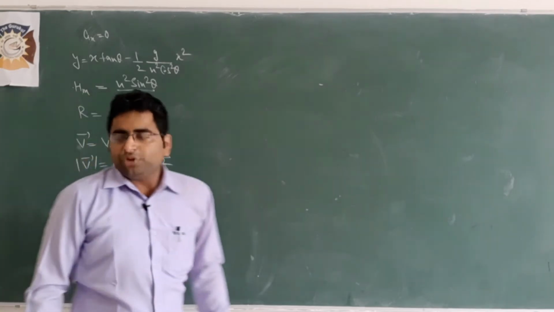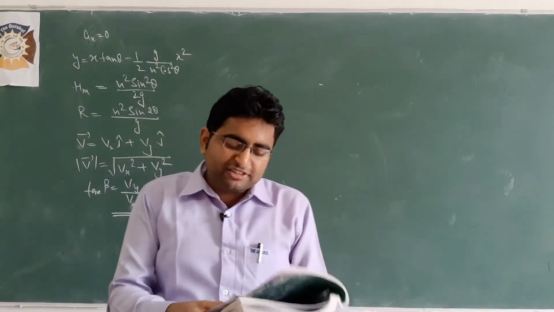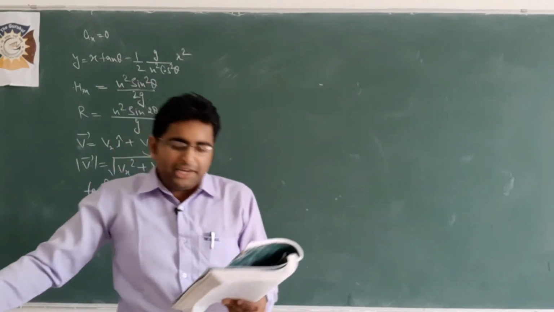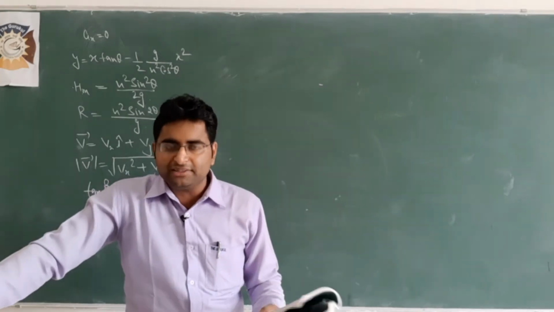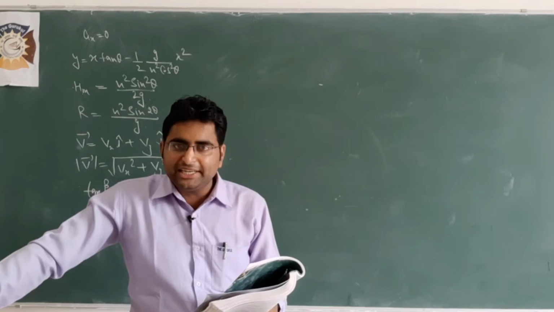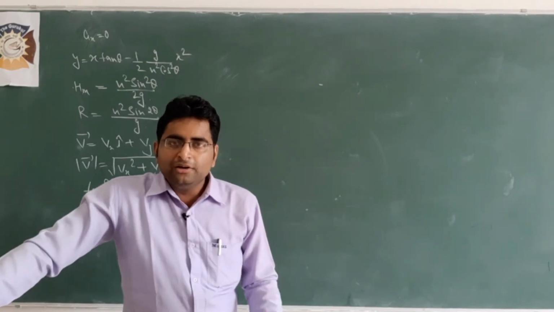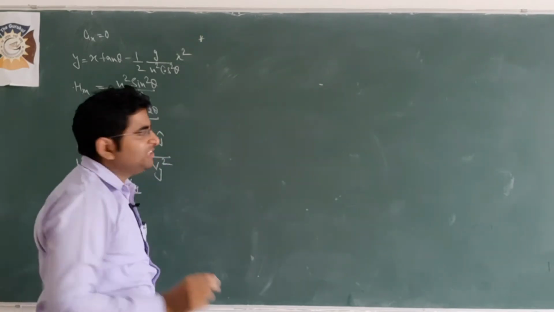Clear? So beta, the first problem we have: a cricket ball is thrown at a speed of 28 meter per second. It means the initial velocity is given, 28 meter per second, in a direction 30 degree above the ground. So beta, first of all I am making the diagram for this condition.